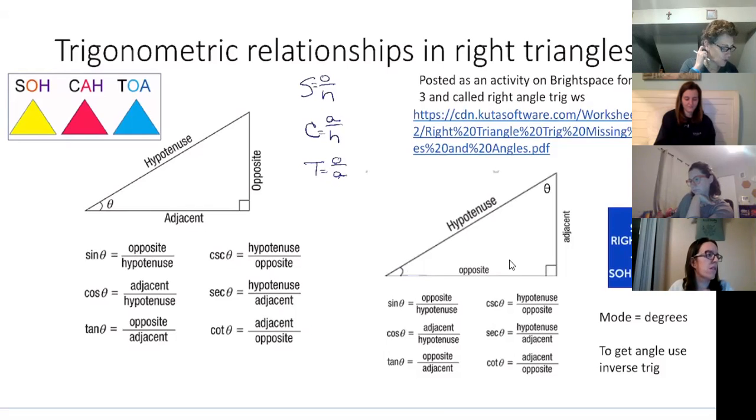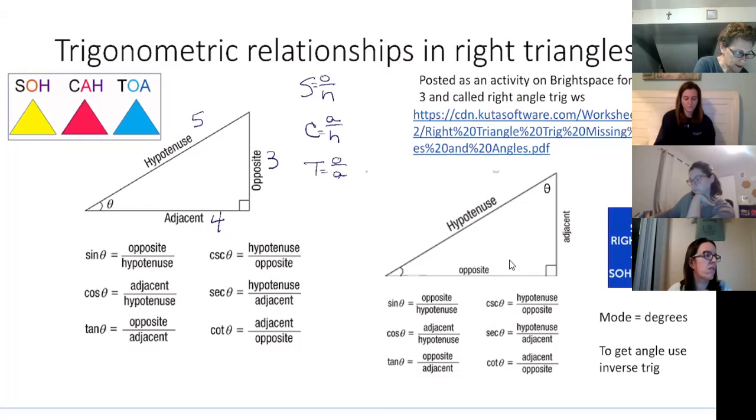So let's say we take a traditional 3, 4, 5 triangle. So I'm going to make this side 3, this side 4, and this side 5. So I have no angles in there. I only have sides. So I can use the 3, 4, 5 features to figure out an angle. And this is how I would do it. So let's do this.